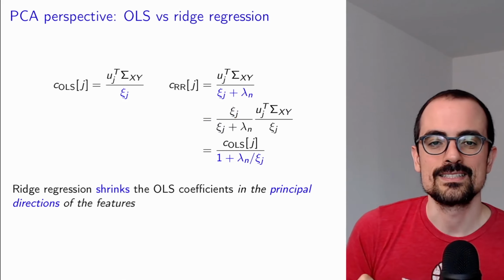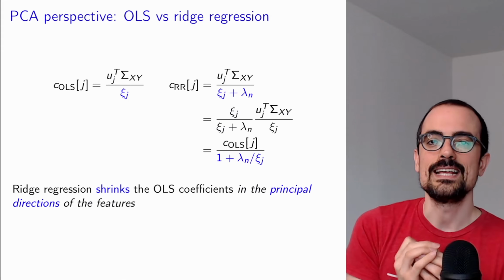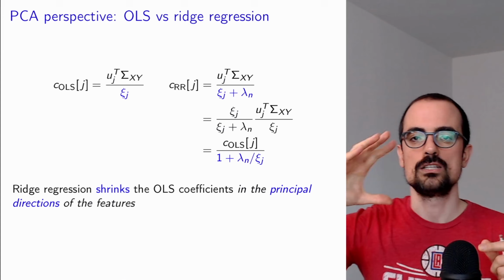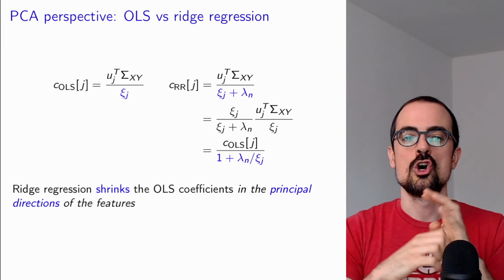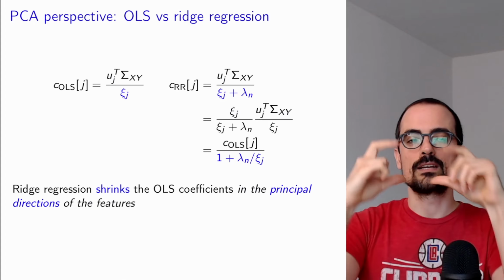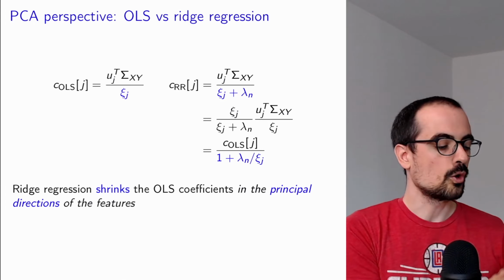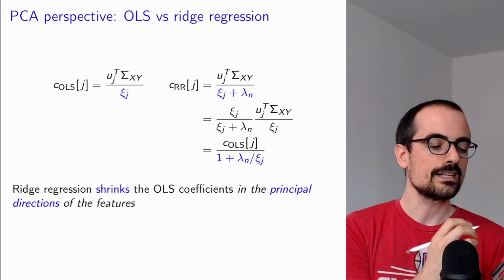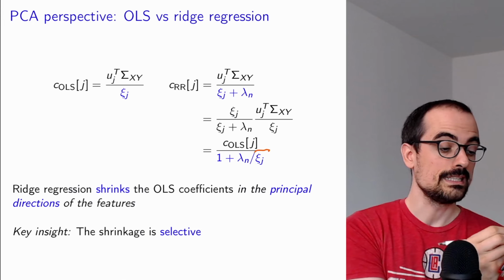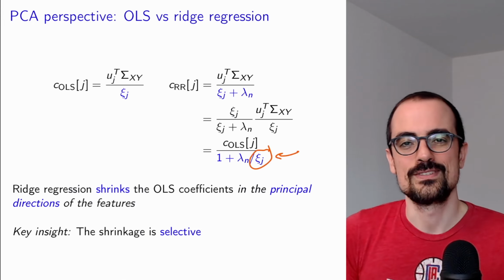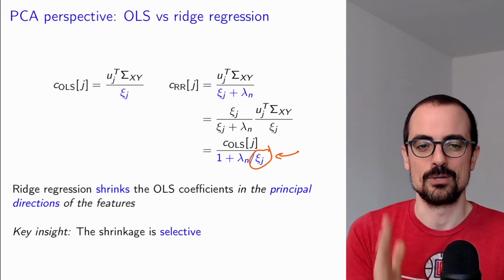This means that ridge regression takes the OLS coefficients, and if we put them in the basis of the principal directions of the features, all it's doing is shrinking the OLS coefficients, and the cool part is that it shrinks them differently depending on the sample variance of the features in that principal direction.